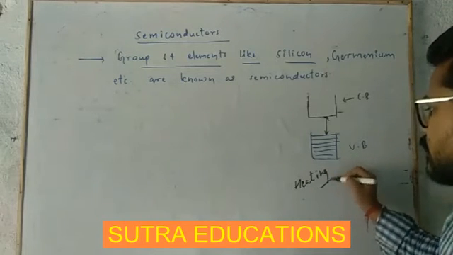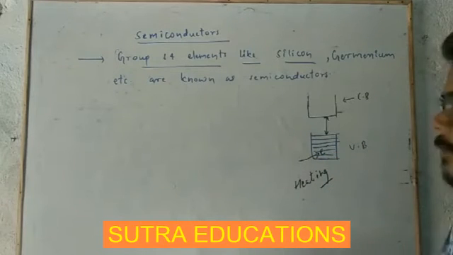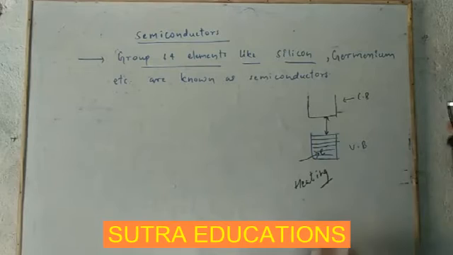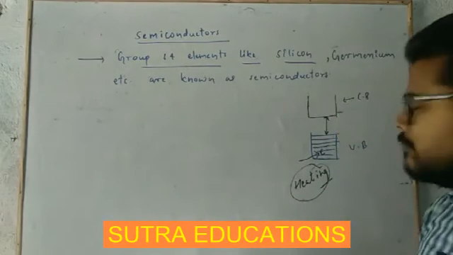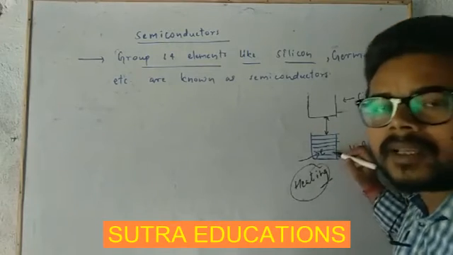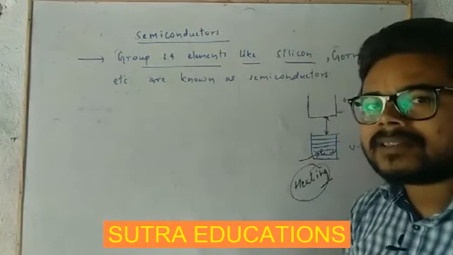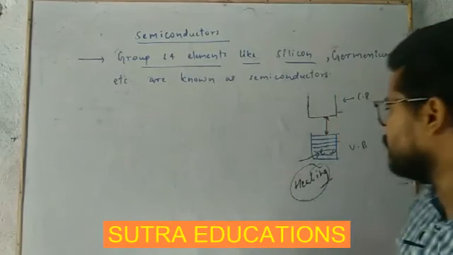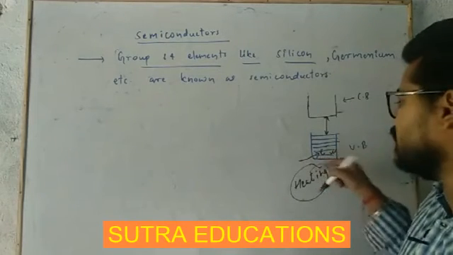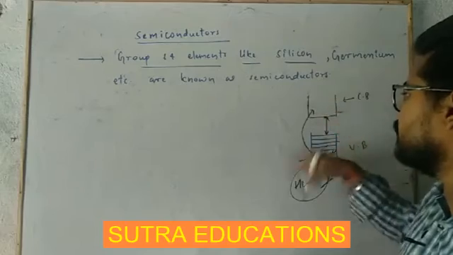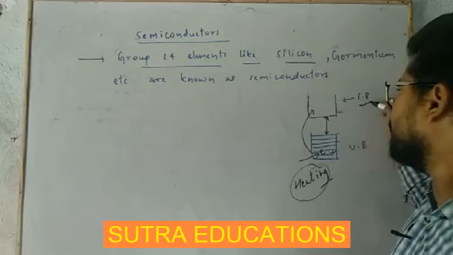So if we are heating the semiconductor, what will happen? The electrons which are present in the valence band will acquire extra energy. Means the kinetic energy of the electrons present in the valence band will be increased. Due to this extra energy, the electrons in the valence band will start jumping and will jump to the conduction band.